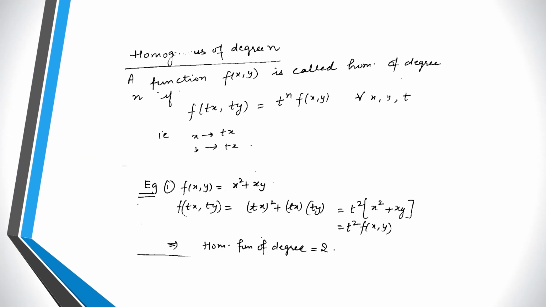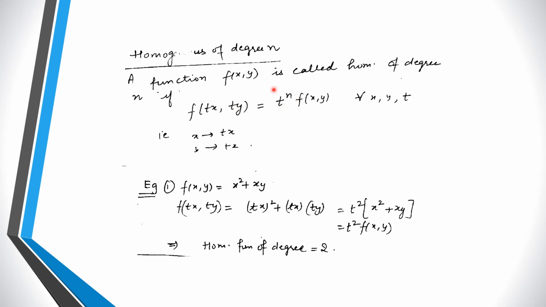Now the next method is homogeneity of degree n. Now how to check that a function has degree n? In this case, let's suppose the function is f(x, y). We replace x with tx and y with ty.